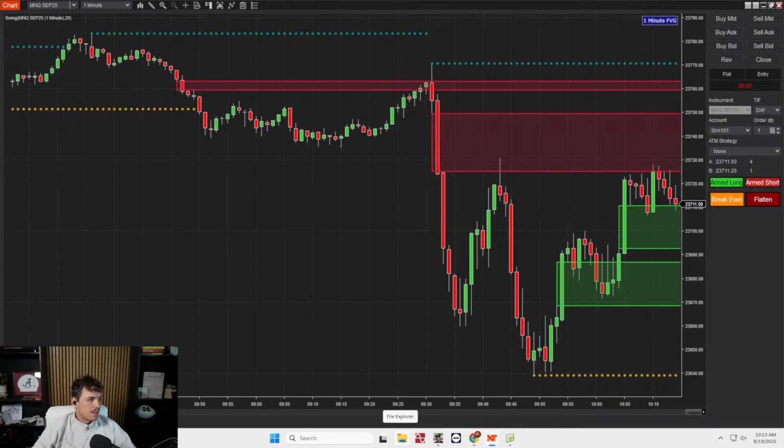What is this range? 20-point range right now over the last 10 minutes about.